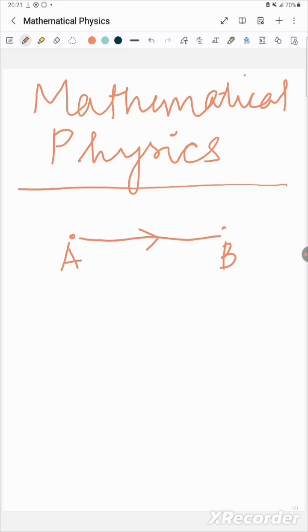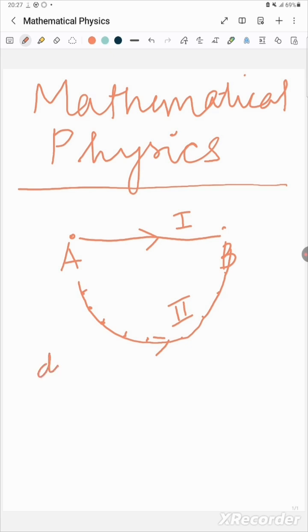While if the same person follows a curved path, then at every step, every point of his path, he is changing his direction in order to reach B on time. Now let us name these two paths. Let us name the path of the straight line as 1 and the path of this curve as 2. Now this straight line path has both direction and magnitude, so it is basically displacement.